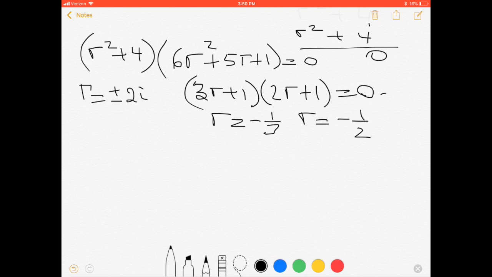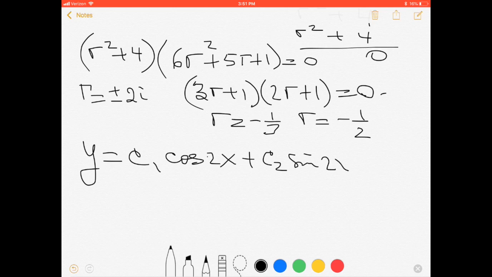And this means the general solution of our homogeneous equation will be, with C1, C2, C3, C4, it's your order, for example, C1 cosine 2x plus C2 sine 2x plus C3 e to the negative x over 3, because negative 1/3, and plus C4 e to the negative half of x.